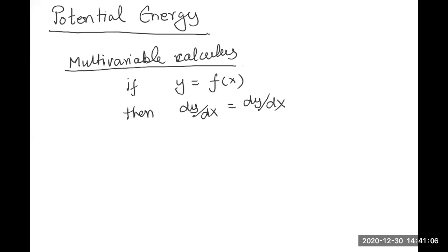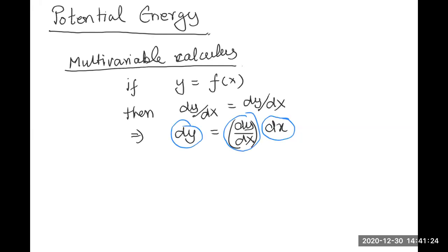I can just write this identity, and then I can say that dy is equal to dy by dx into dx. So what is this? This is the change in x. This is the change in y.